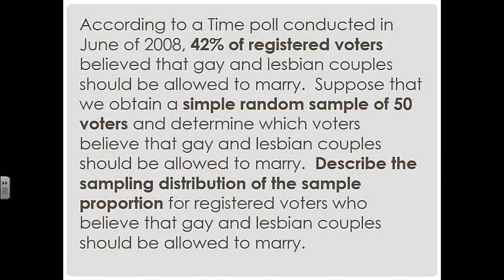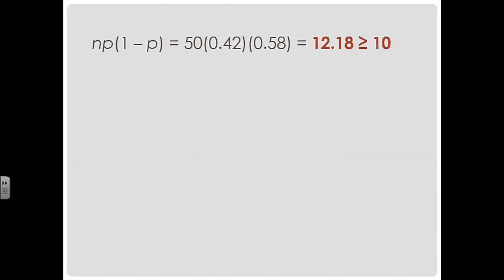We're back to the same problem. Suppose we obtain a simple random sample of 50 voters. Determine which voters believe that gay and lesbian couples should be allowed to marry. Describe the sampling distribution of the sample proportion. So the first thing we need to do is make sure that our sampling distribution is approximately normal.